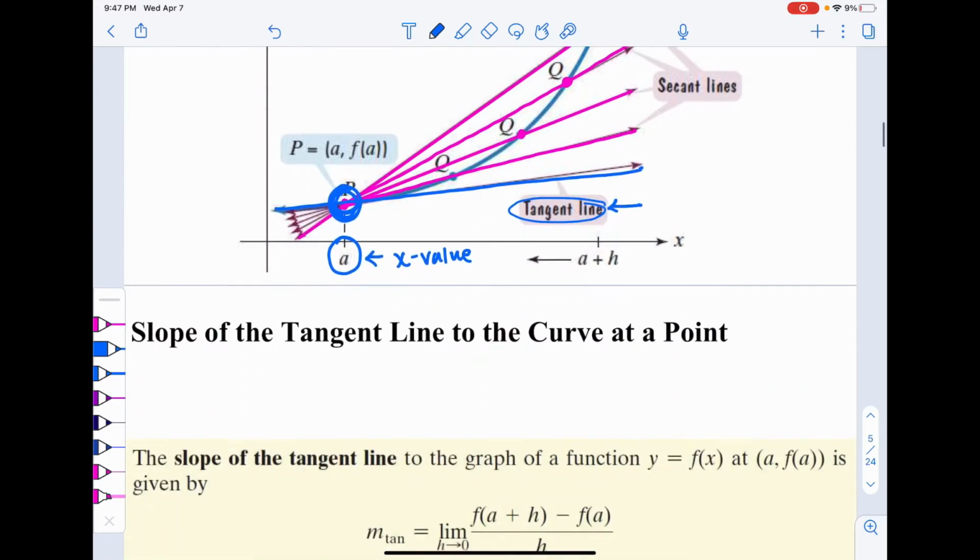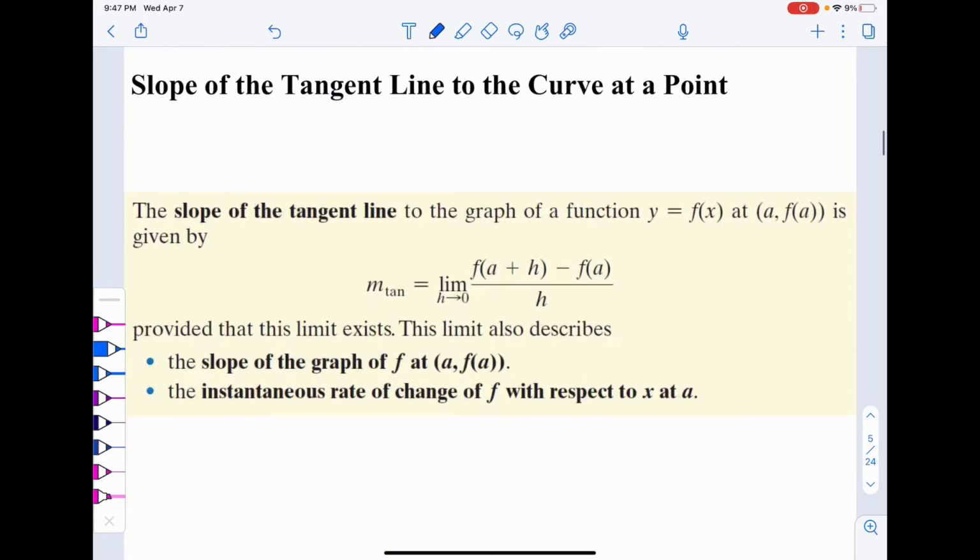If we look at the formula for this, like what we looked at 2 slides ago, the slope of the tangent line to the graph of the function y equals f of x at the point a, f of a, is given by m, your slope. We are dealing with the tangent line, which means we're looking just at that one point on the graph.